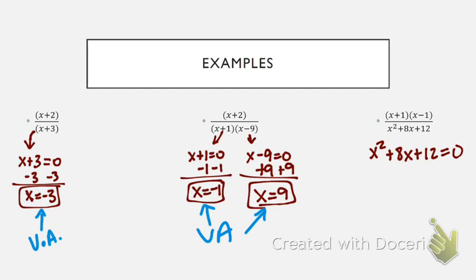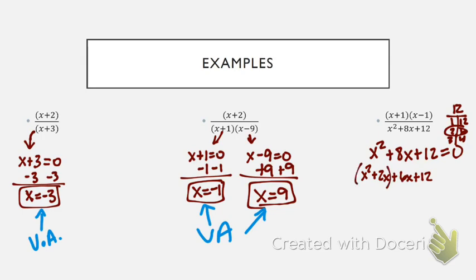So factoring a times c, so that's 12. Write my factors of 12. My factors of 12 that add to 8 are 6 and 2. So let's do this real quick. X squared plus 2x plus 6x plus 12.